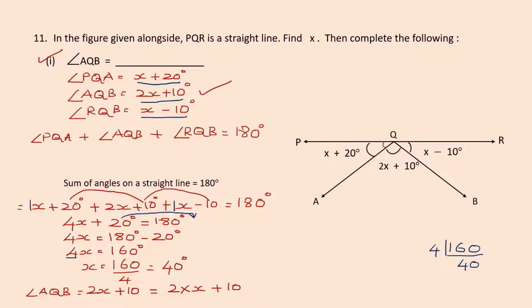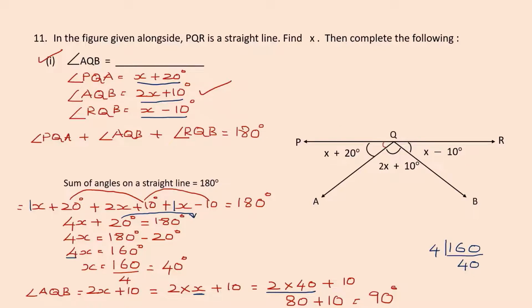Now we are going to substitute for x. X is 40 degrees. So we are going to write 2 into 40 plus 10. Now 2 into 40 will give us 80 plus 10 will give us 90. 80 plus 10 is 90 degrees. So we have found our answer.